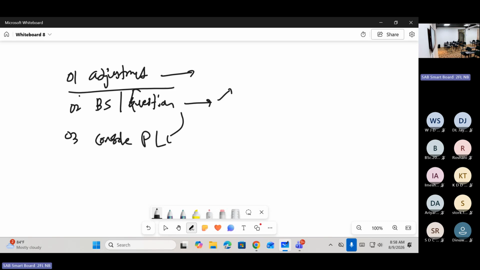What's the consolidated P&L? We have subsidiary earnings.